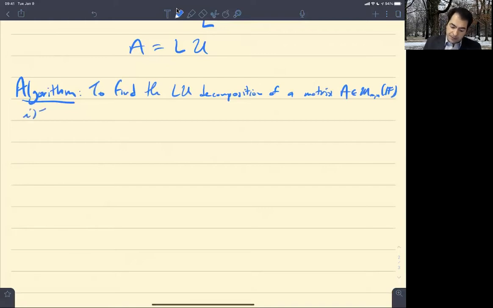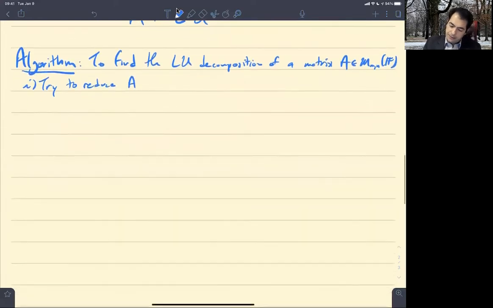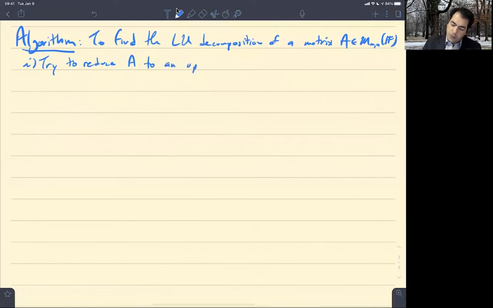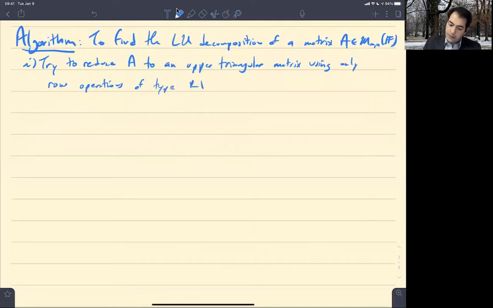Okay, so step 1, try to reduce A to an upper triangular matrix using only row operations of type R1 and only ever adding a multiple of row j to row I if I is greater than j.